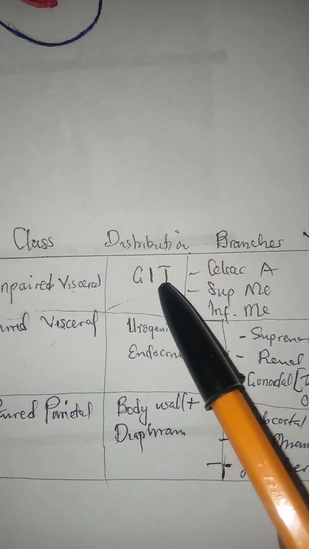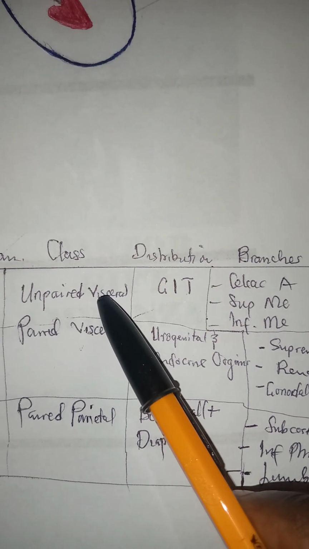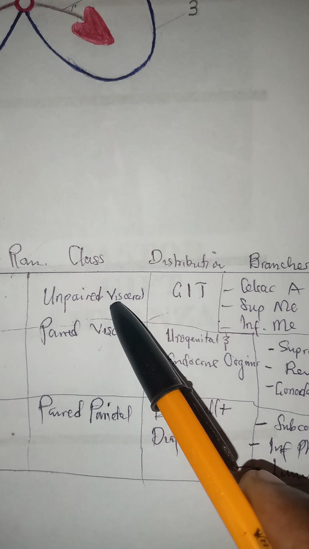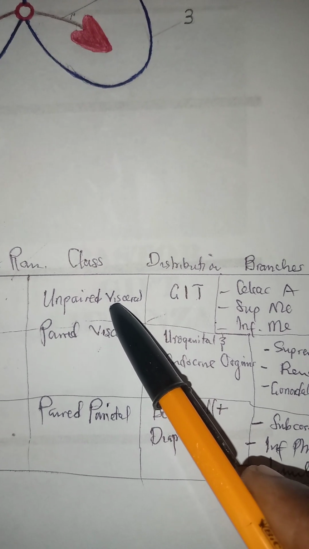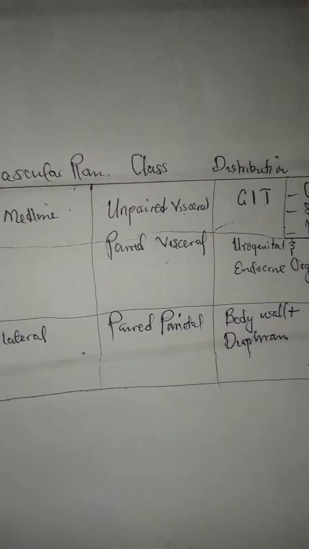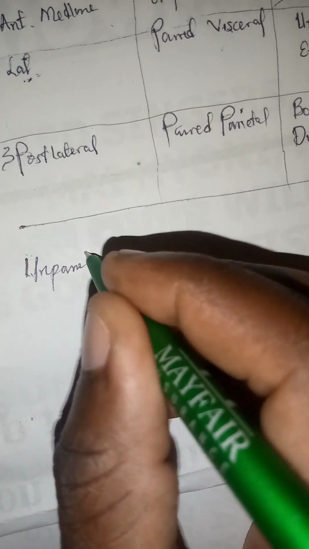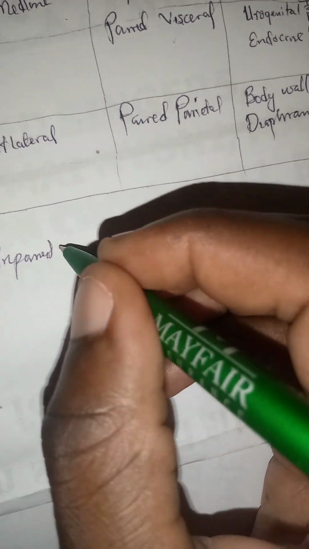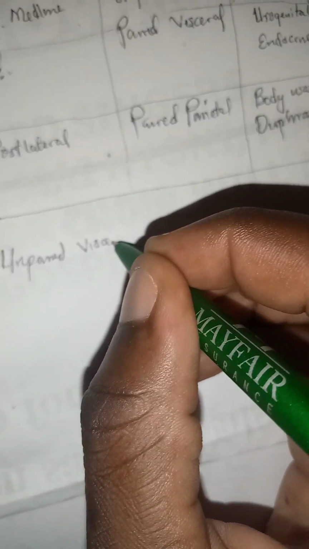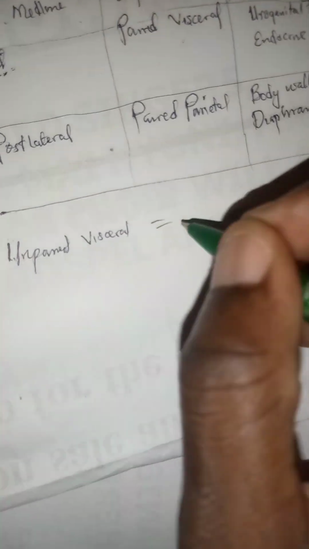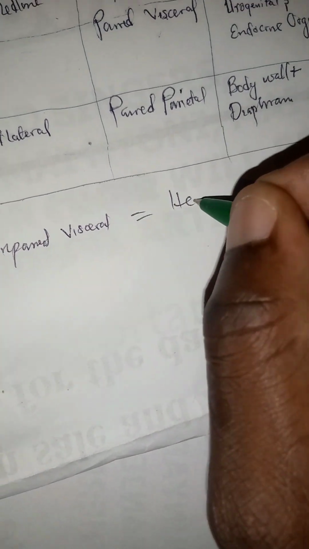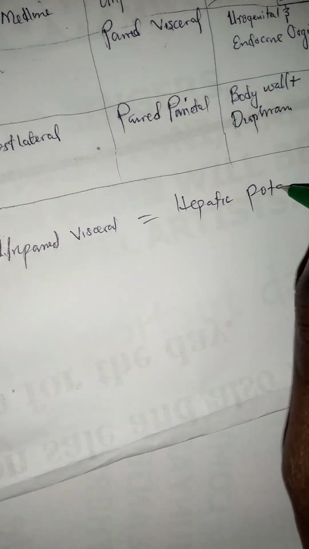So this one is going to be replaced by the hepatic portal vein. So what you need to do here to make your work easy, you write unpaired here. So this is unpaired visceral, and this one is equivalent to the hepatic portal vein.